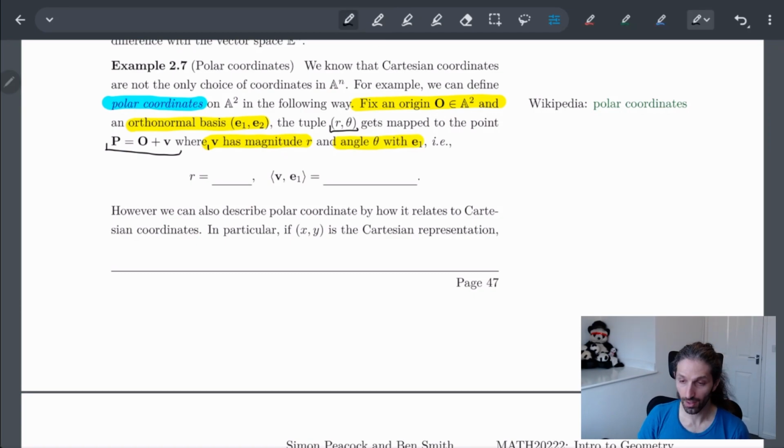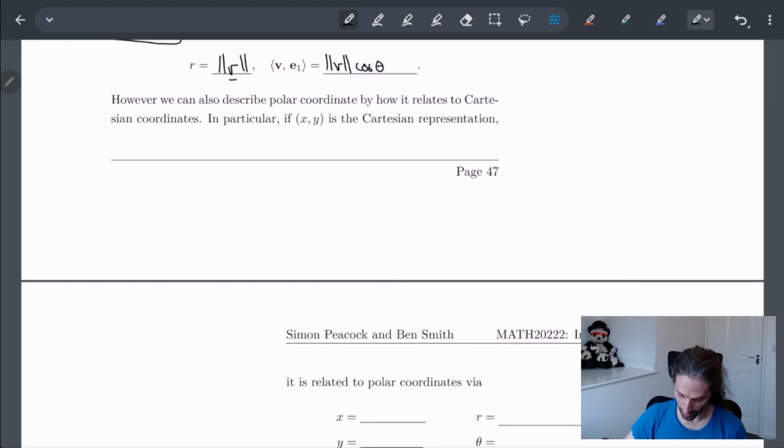So what does this mean? We mean V has length R, and V inner product with E1 gives me my length times the cosine, right? Because the length of E1 is 1 since it's an orthonormal basis, so we don't have to add this in. So this R and this theta is what we will use to define the polar coordinates.